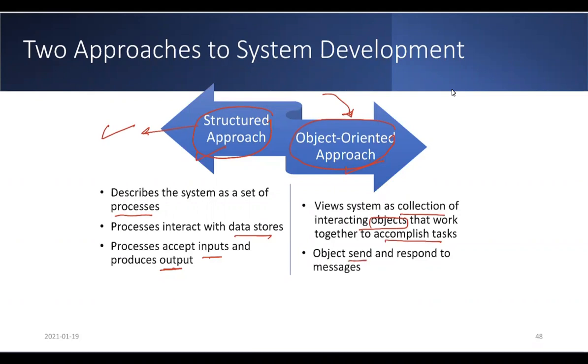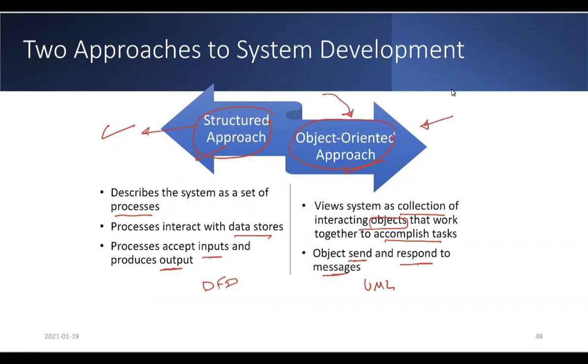We allow objects to send and respond to messages. We provide encapsulation, so we provide modularity, mainly like the UML diagrams, as opposed to structured formats like the DFDs, for example, data flow diagrams. People started with the structured approach of modeling, and then they moved to the object-oriented approach in some software systems.